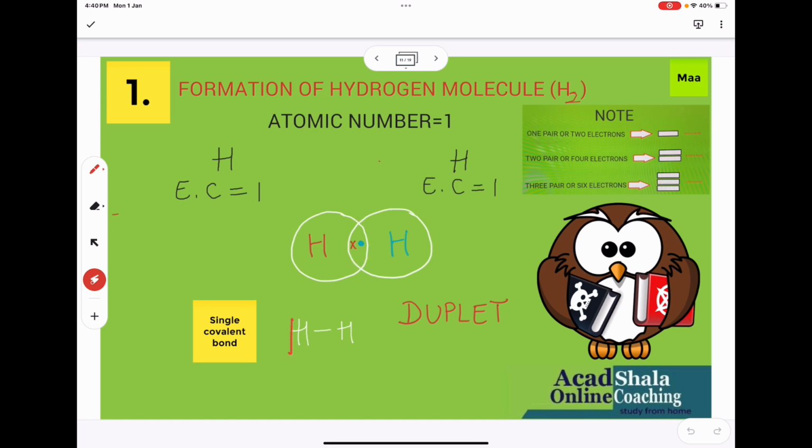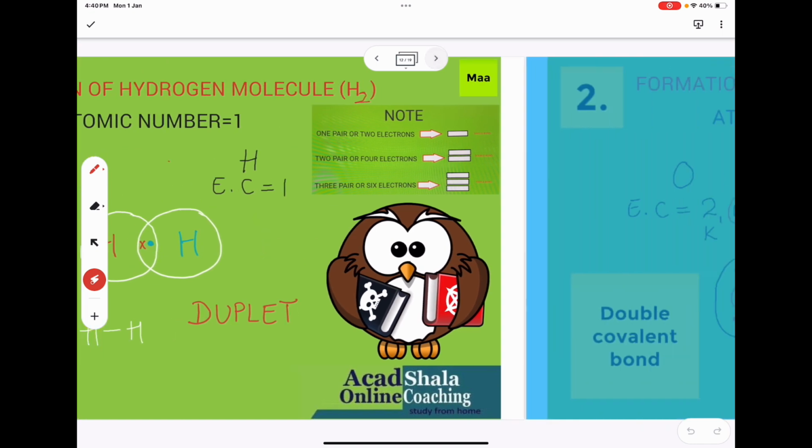So they show hydrogen, single bond, hydrogen. So this is known as single covalent bond. And in this way, we have shown the formation of hydrogen molecule. So this is the first example of covalent bonding, which says single covalent bond. Okay, we will go to the next one.